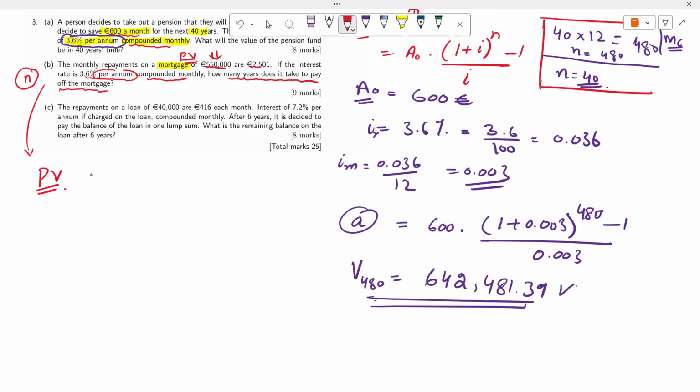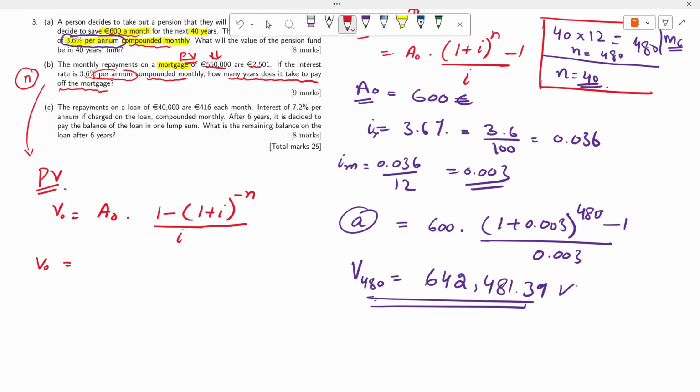The formula for the present value is V naught equals A naught into 1 minus (1 plus i) raised to the power minus n, divided by i. You need to find n here, not anything else.